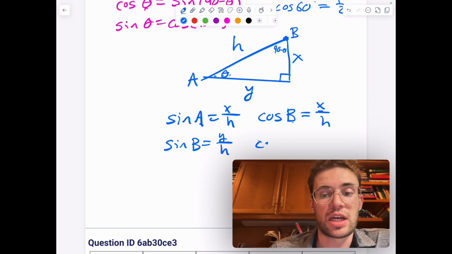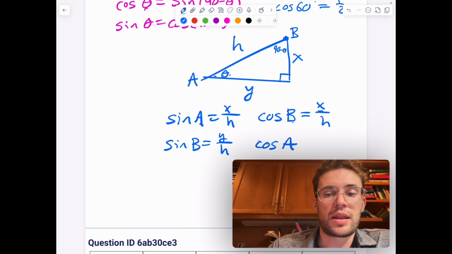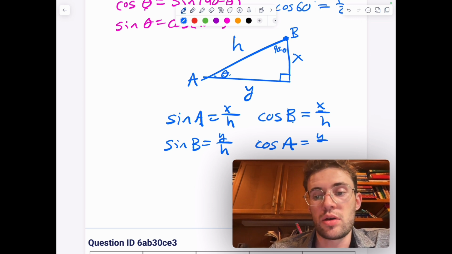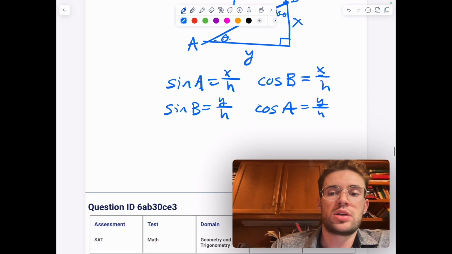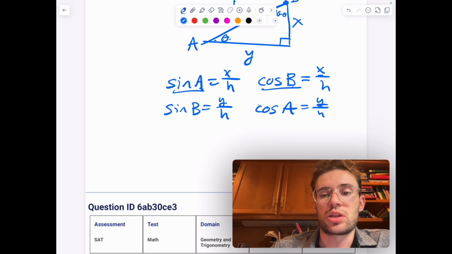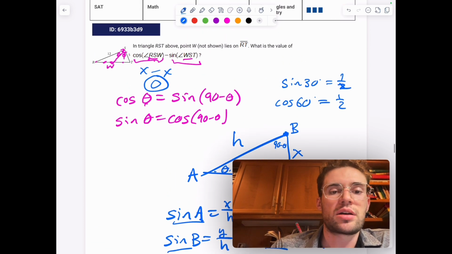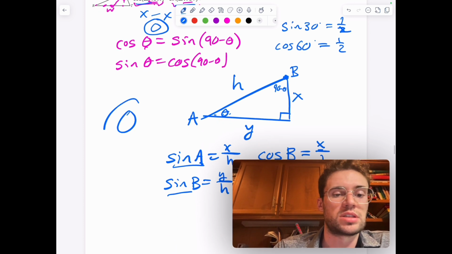Same thing for cosine of A relative to sine of B. The cosine of A, that means the adjacent to A, which is Y, over the hypotenuse. So you can see the sine of A is equal to the cosine of B, and the sine of B is equal to the cosine of A. So it's the same logic here, where we're getting the same thing minus itself. Again, our answer will be 0.